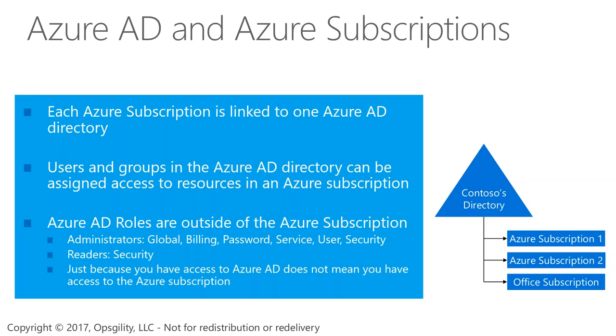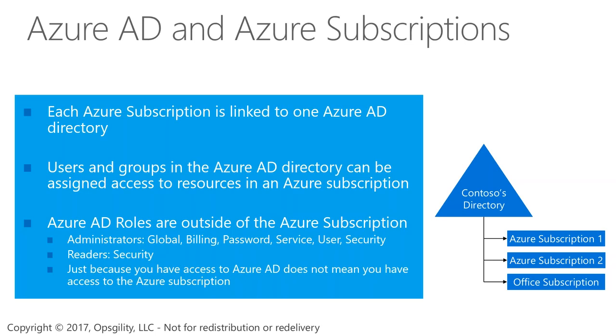It's also important to know that when we talk about the Azure Active Directory tenant, there are specific security roles that are assigned to that tenant. And this is really outside of the Azure subscription. So again, look to the right and you'll see I have a Contoso directory with two different Azure subscriptions linked to it, as well as an Office 365 subscription.